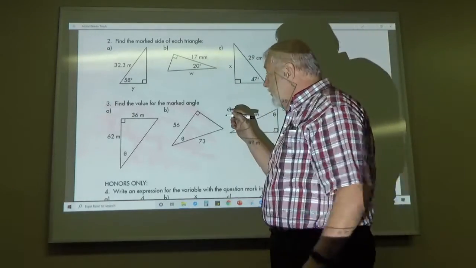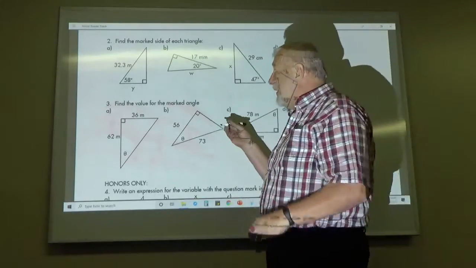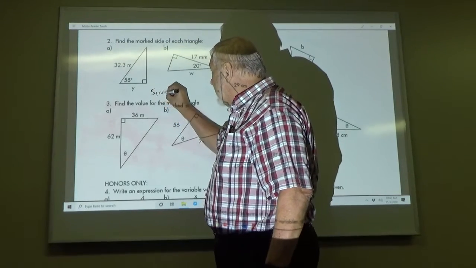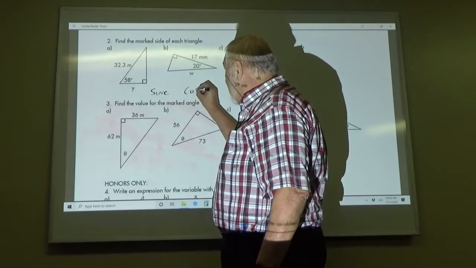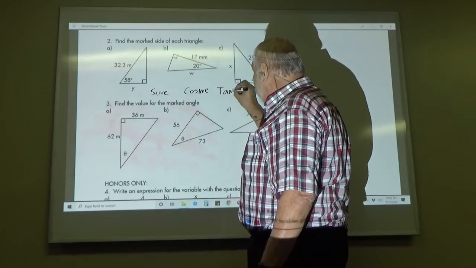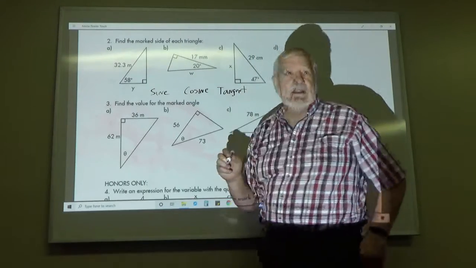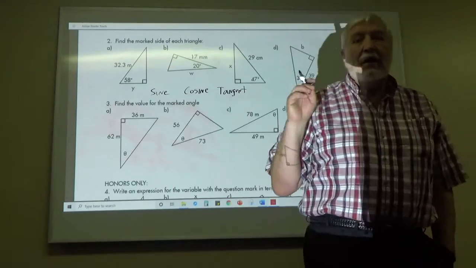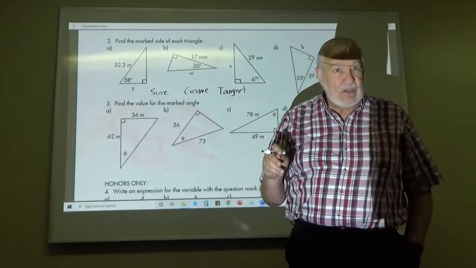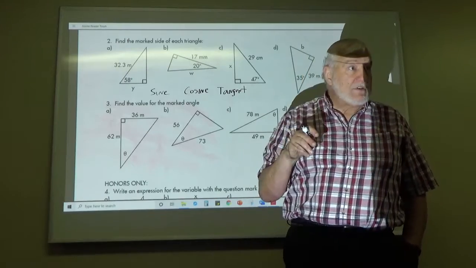Okay, so the first thing we have to do is talk about the three basic trig functions. And they are sine, cosine, and tangent. So write those in your notes. Sine, cosine, and tangent. All right, now, trig values are nothing but fractions.